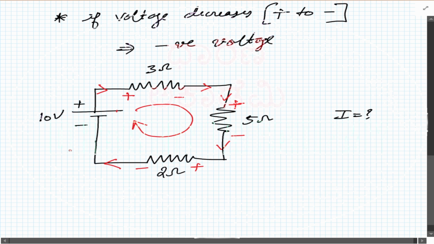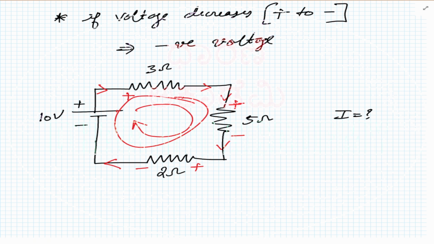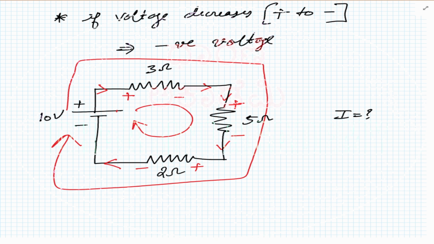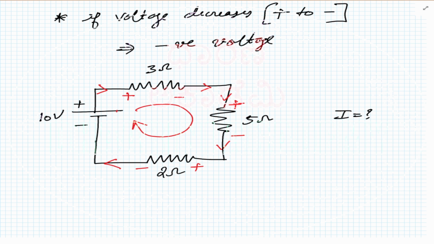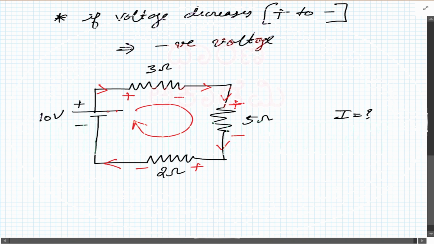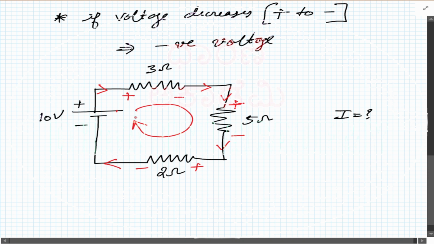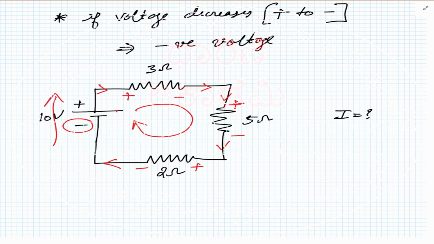So when I move in this fashion, I already marked the direction along which I am going to move. You can start from one device, move around the circuit and come back to that device. That's what you mean by moving around the circuit. So I start from the battery. Through the battery, I should move in this direction. When I move in this direction, it is minus to plus.